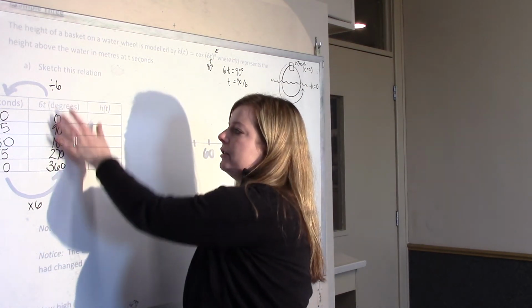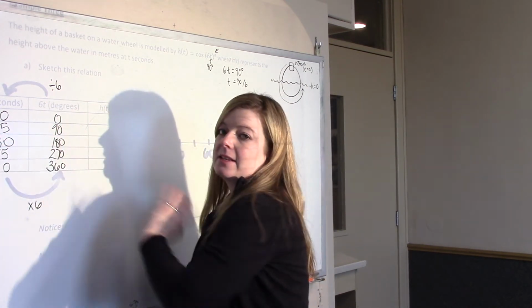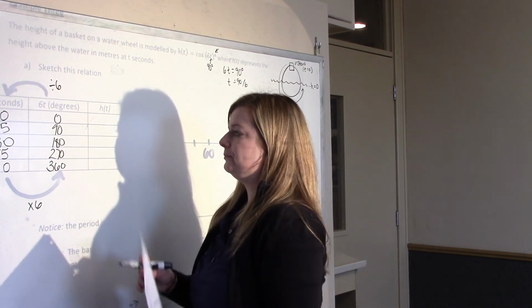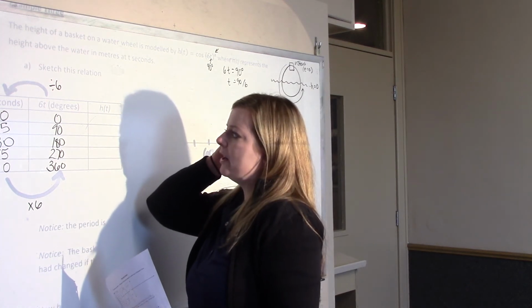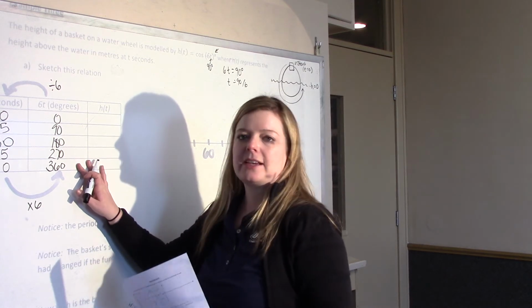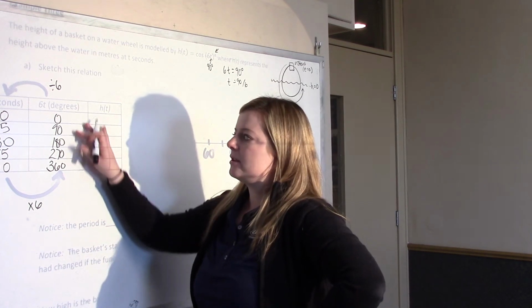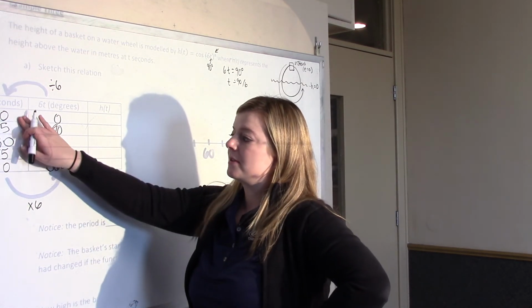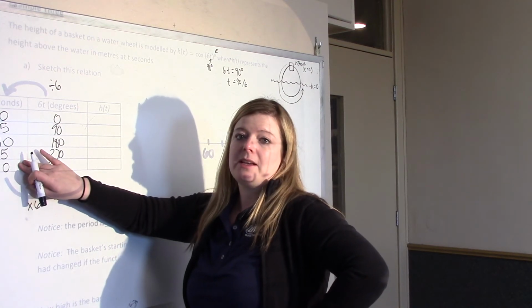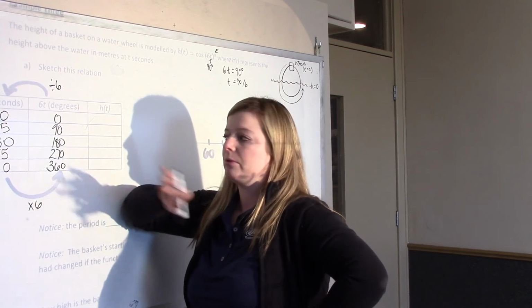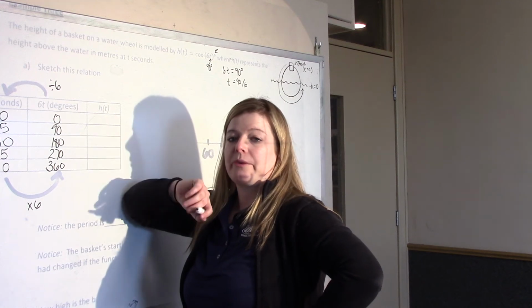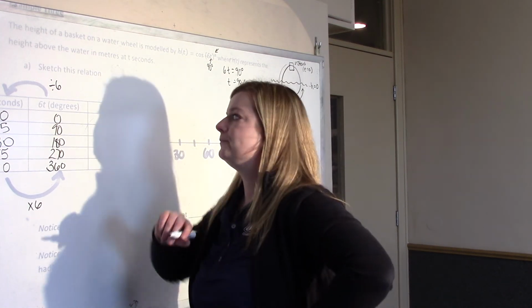So we're manipulating degrees to get to the time that we actually want. Okay? So I chose 0 to 360 because I know that's one cycle. And so one cycle in terms of time is from 0 to 60. So that means the period is 60 seconds. That's how long it will take to go around the water wheel one time.